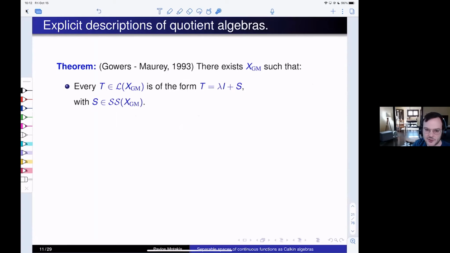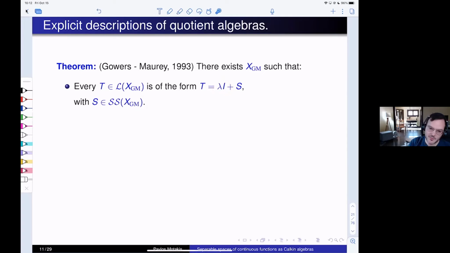And they solved the unconditional basic sequence problem. So they defined a space that doesn't contain any unconditional basic sequence inside it. And it had the additional property, which is interesting in our context, that any operator on this space, let's call it X_GM, can be written as a sum of a multiple of the identity, so we call this a scalar operator, plus a strictly singular operator.